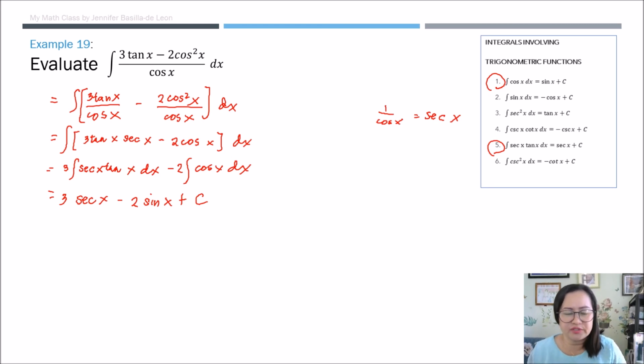Hence, the antiderivative of the given expression is 3 secant x minus 2 sine x plus c. Thus, the general solution to the given expression is 3 secant x minus 2 sine x plus c.